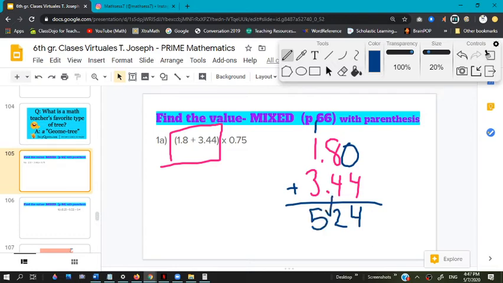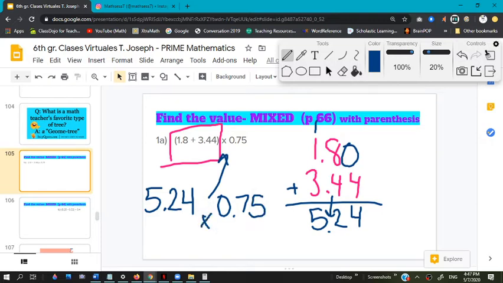Bring my decimal point into my problem, 5.24. Okay, now we have 5.24 times 0.75. Let's do that one right over here on the right.